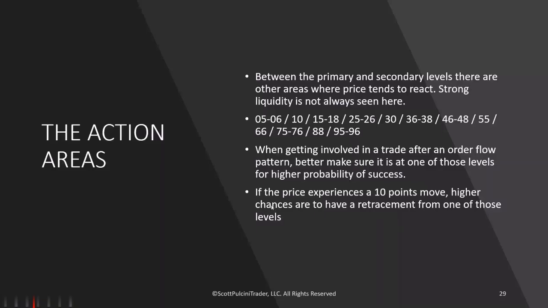So if we see a price experiencing a 10 points move higher, chances are to have a retracement from one of those levels. So if you see, for example, price going all the way from 10 up to 20 in one move, seeing a peak in volume at around 20, signaling also an absorption, that's where you see that you got a 10-point move, you got an absorption, you got your level, you're very likely able to fade that move and look for a retracement, even if it's a small one.